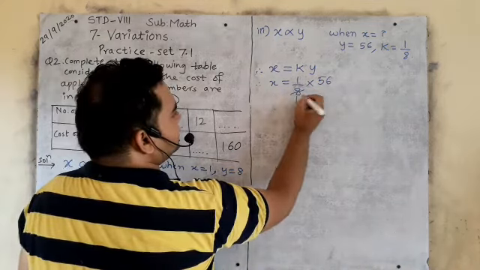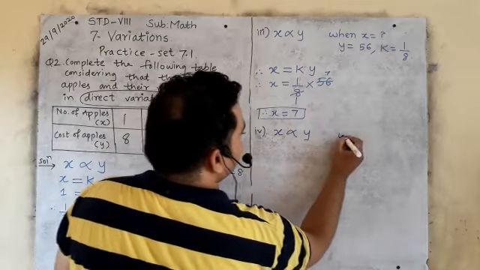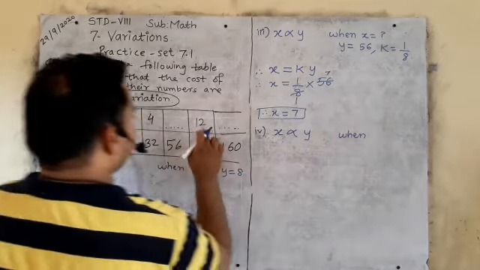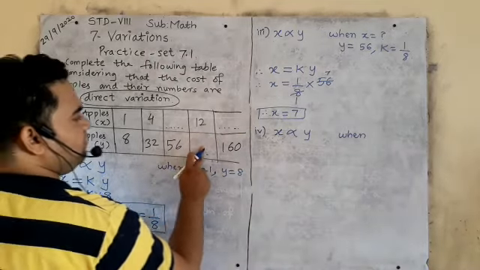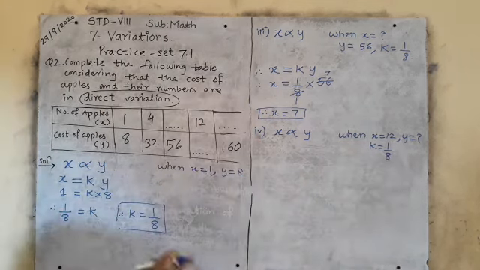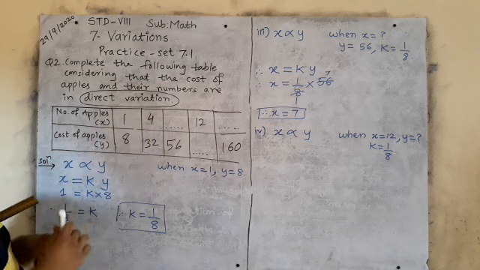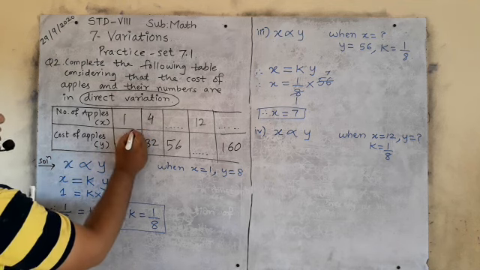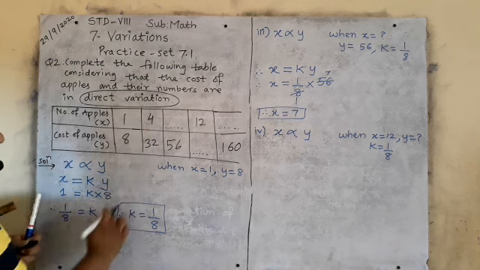X is directly proportional to Y, when X is equals to 12, Y is equals to question mark, and K, always you will use K is equals to 1 upon 8 in this question, because here in the first column X quantity and Y quantity values were given to you. So first we will find out the constant term and then the same constant we will use everywhere. Okay, the same constant value 1 upon 8 we will use in this question everywhere.